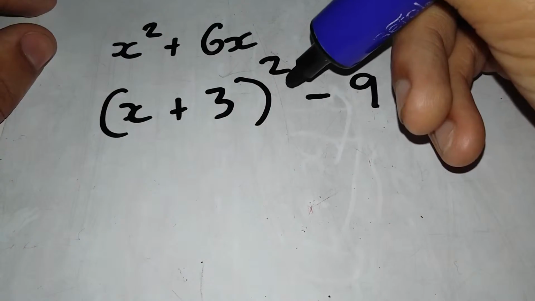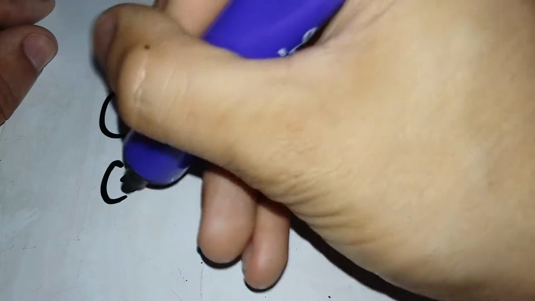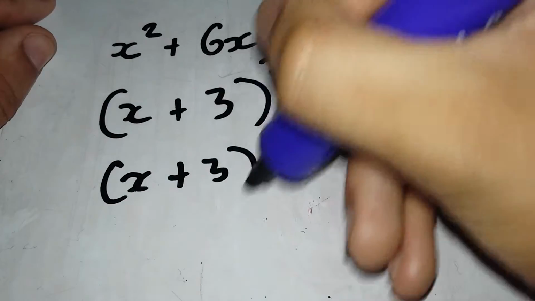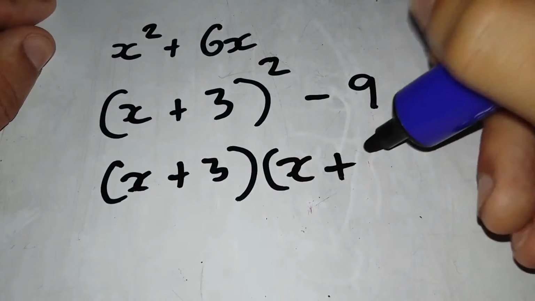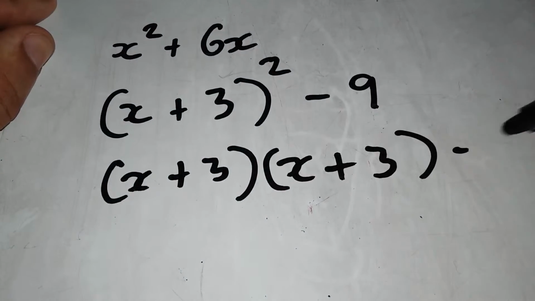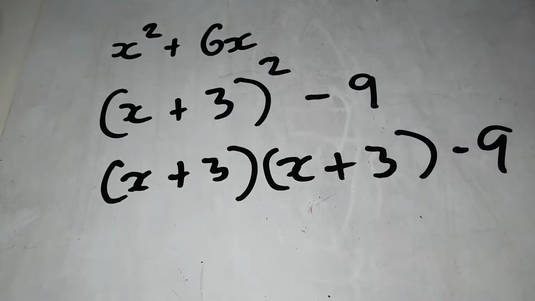If we expand this bracket, x plus 3 squared, I'll do this in red.